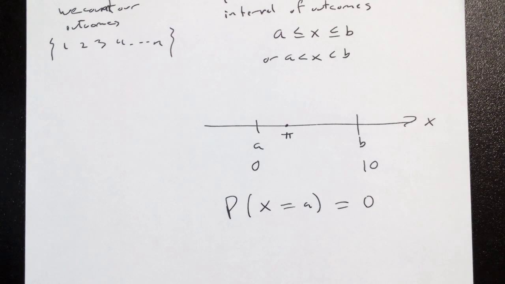So it makes much more sense, instead of looking at the chance that x is equal to a number, to look at the chance that x is between numbers.